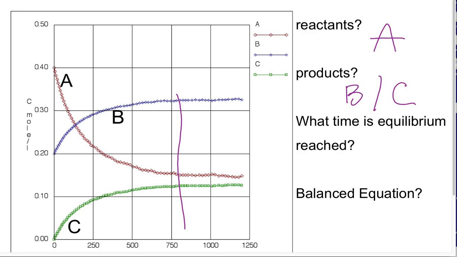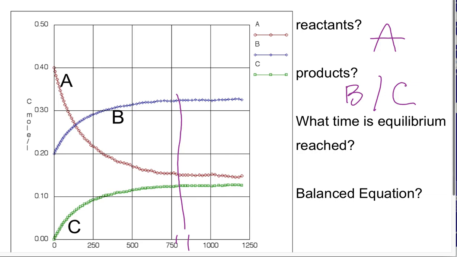It is at equilibrium at 1,000, but I think it was at equilibrium before 1,000 too. So I'm going to say somewhere between 800, 850, somewhere in there. And again, I'm not going to sit there and freak out. I think 1,000 was a little far off. I might not give you credit for 1,000, but I'm not going to pick hairs if you're somewhere obviously between here and here. All right?